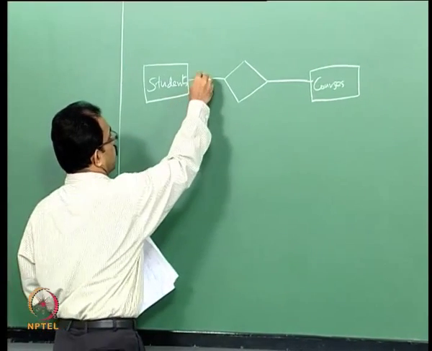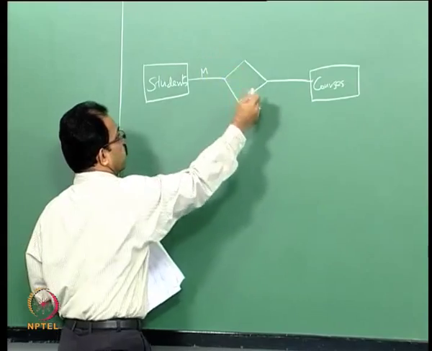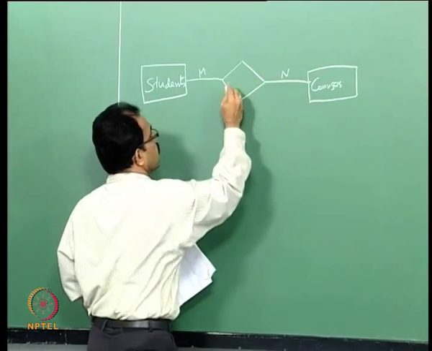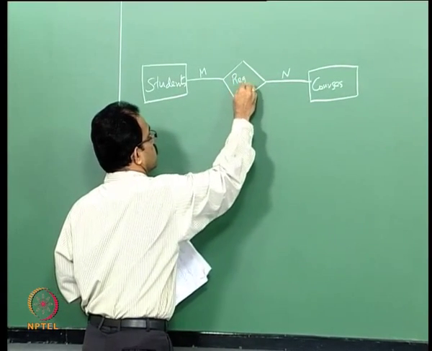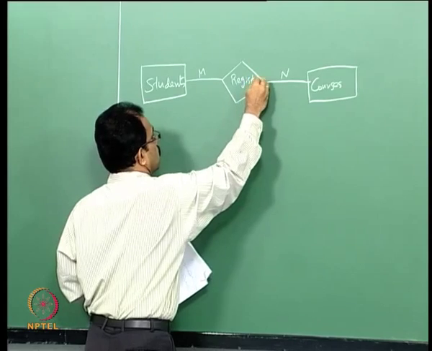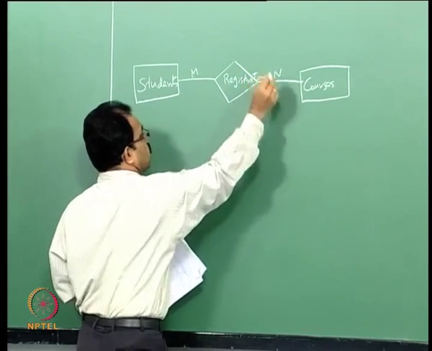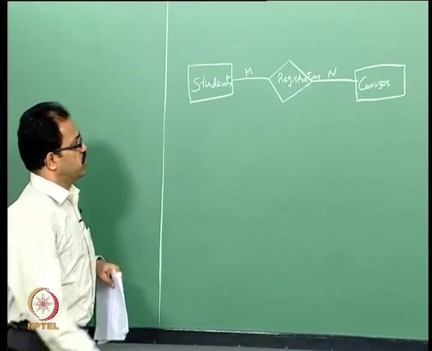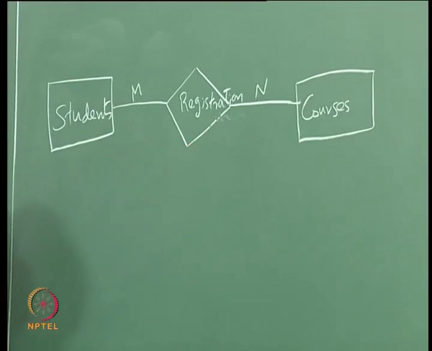You can see that m students can register for n courses. So, this is registration for courses, with registration as the relationship. So, m students register for n courses, that is an m to n relationship.